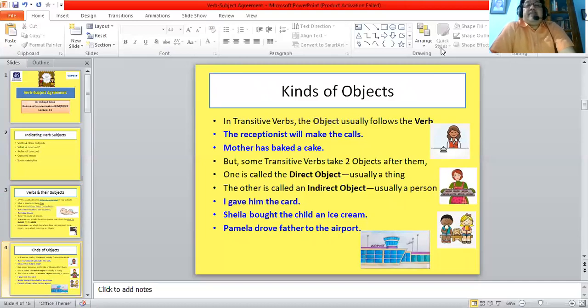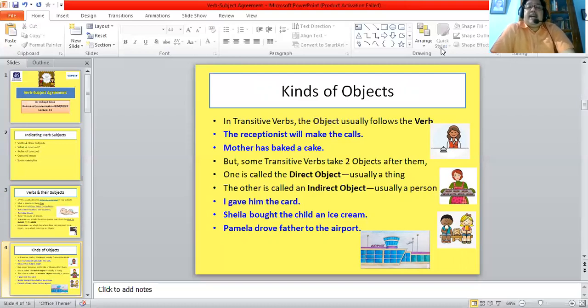But some transitive verbs take two objects after them and not one. Now, one of them is called the direct object. This is usually a thing or inanimate object, and the other one is called an indirect object, and this is usually a person. Okay?